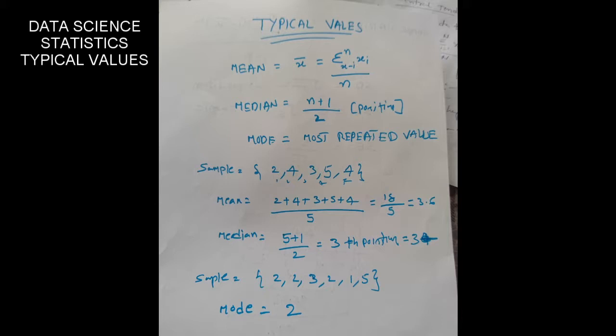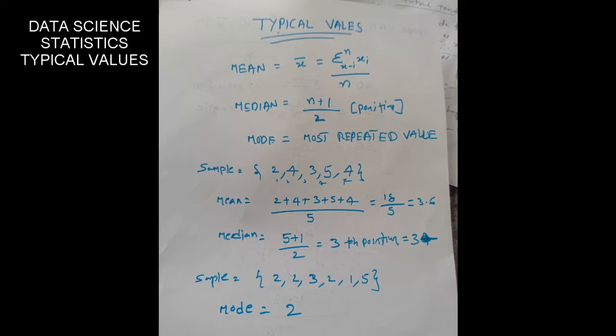In the same manner, if we know the central tendency values, those typical values of mean, median and mode, we can analyze the data in a proper way and form a proper hypothesis, basically.